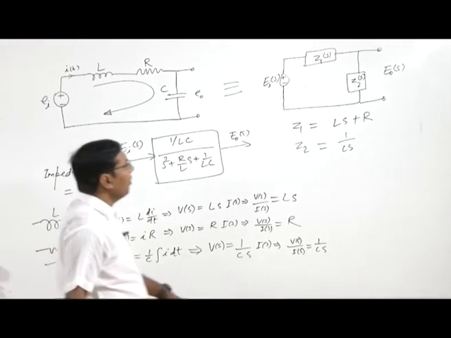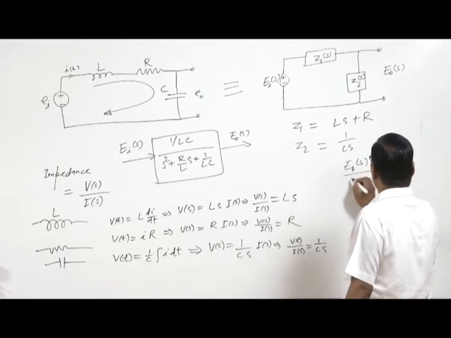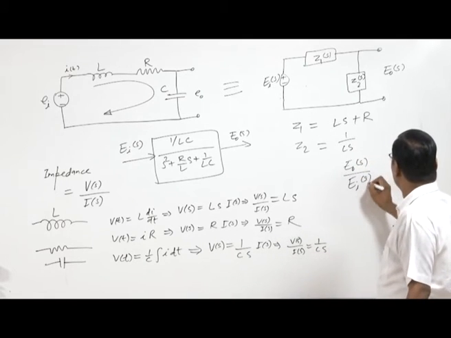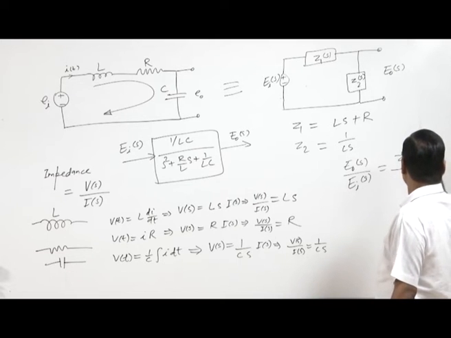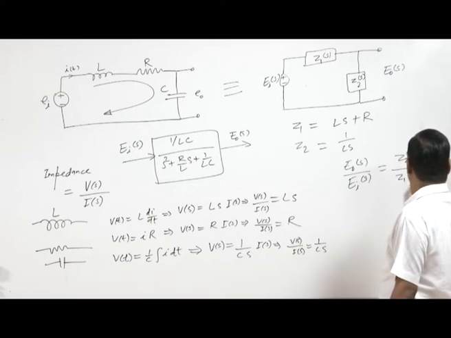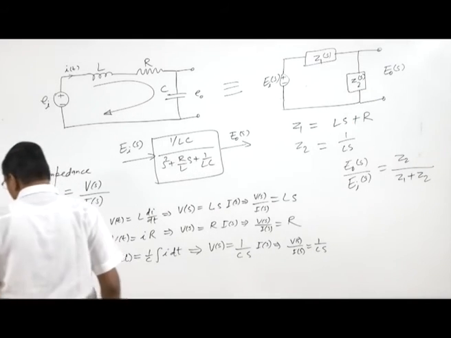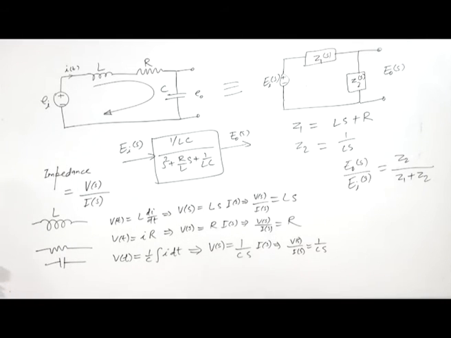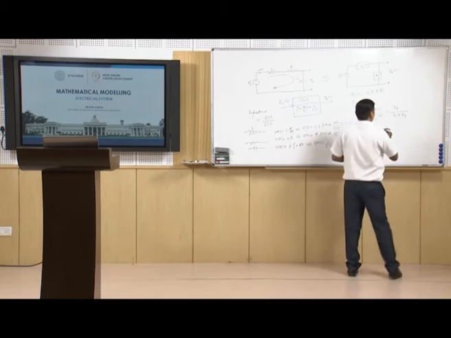So, here we can find EOS by EIS equal to Z2 upon Z1 plus Z2.